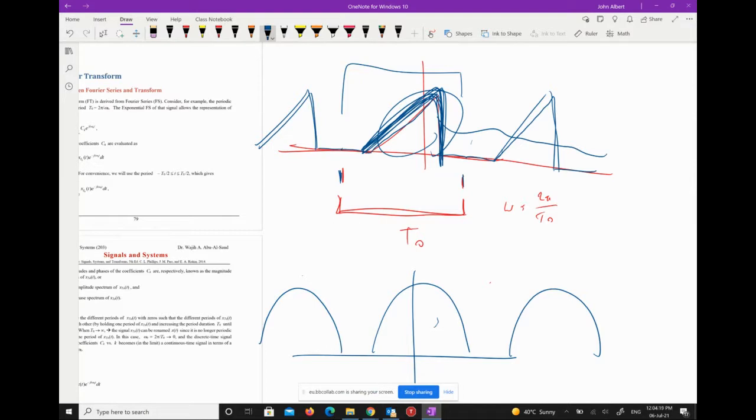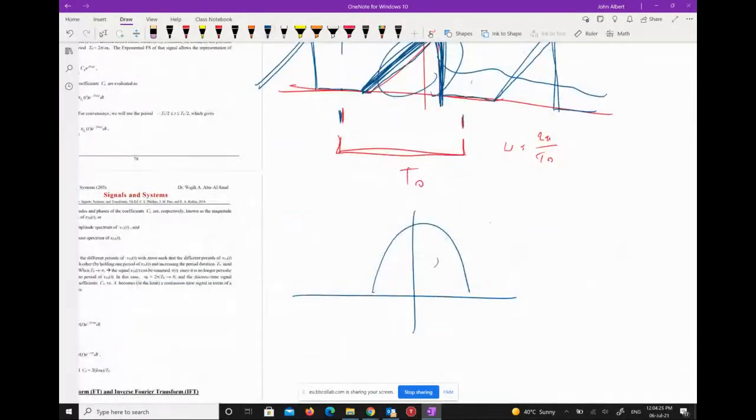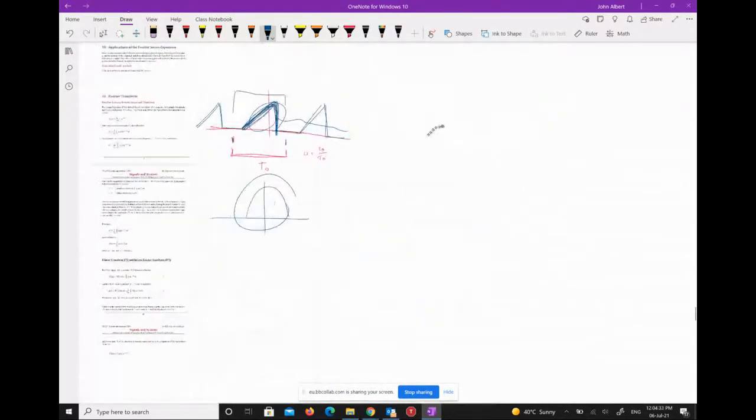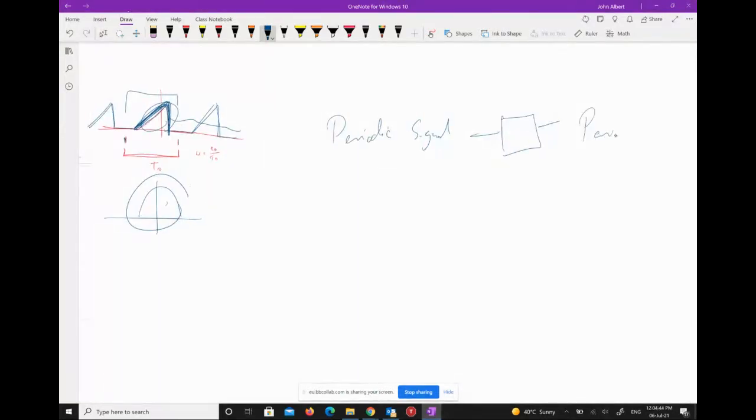So basically, the outputs of the different periods get mixed together. So if you remove all of the periods and leave only one of them, unfortunately, this is not going to be equal to the output due to a single input. Let me just explain it to you this way. If you put a periodic signal into a filter, you get a periodic output.